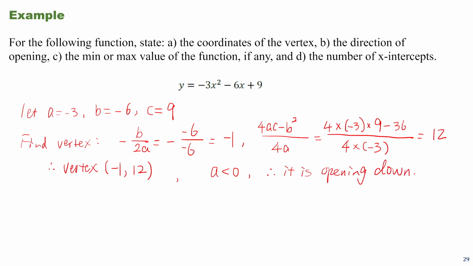Min or max value of the function. We can sketch this graph because it's opening down, and we also know its vertex. We don't know the relationship between the function and x coordinate yet, but we do know its vertex coordinate.